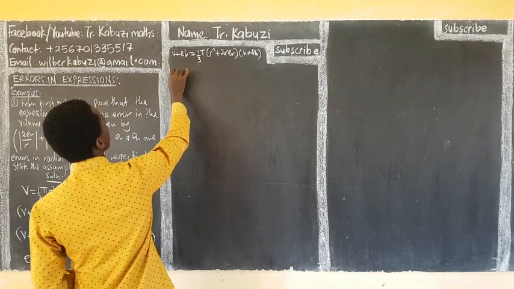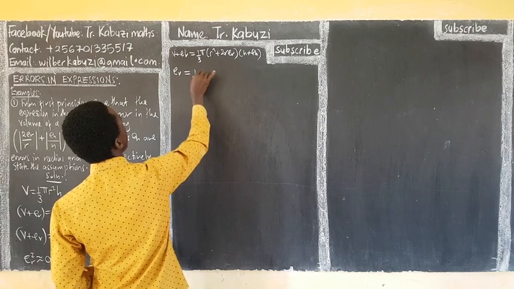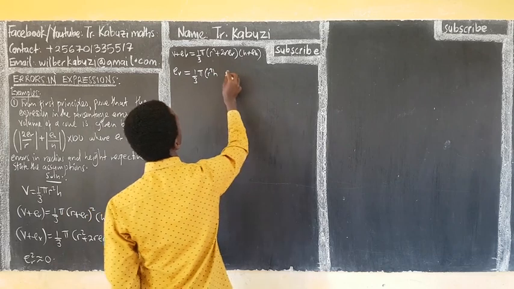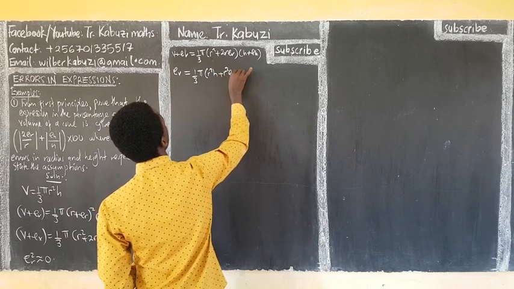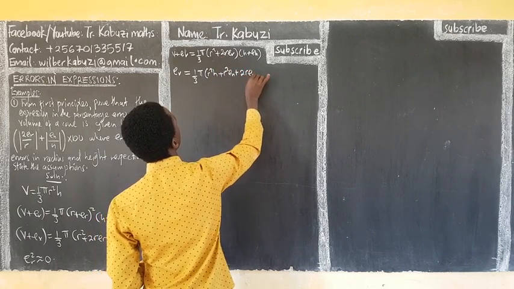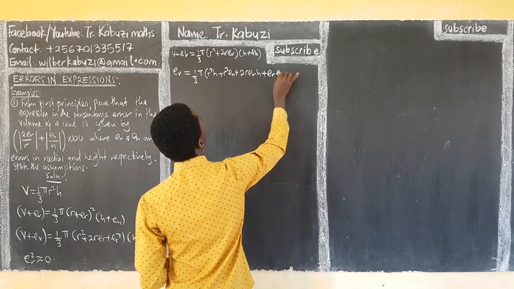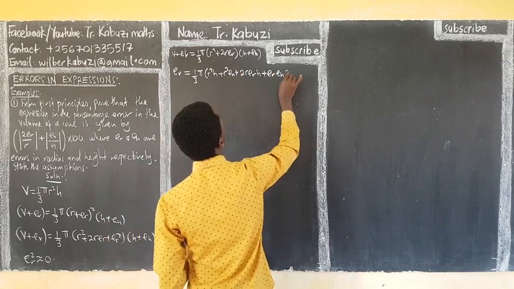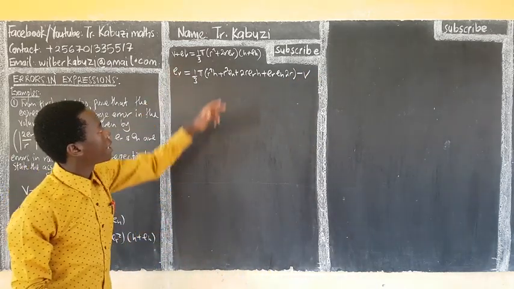So this will give us, now I'm going to take the other side. I'll have a third pi into r squared h, then plus r squared EH, then plus 2r ER h, then plus 2r ER EH, then minus my V, and I take the other side.